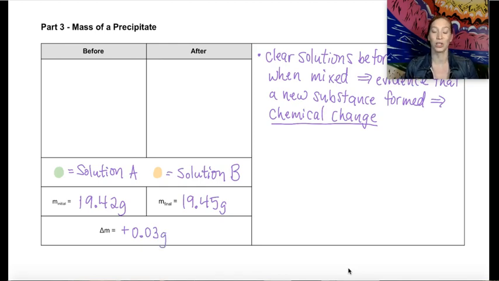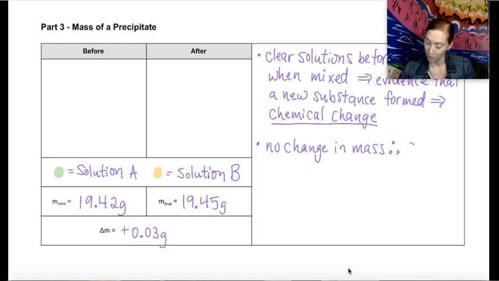Again, just like in part 2, even though we have this tiny increase, this is really about a difference in the calibration of the balance between when the before and after parts were measured. This really is going to show that we have no change in mass. No change in mass. Therefore, we have the same number of particles.